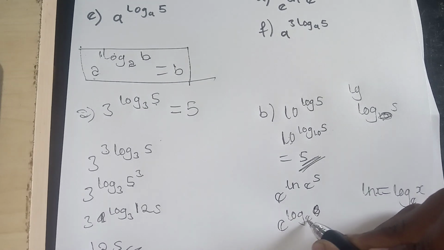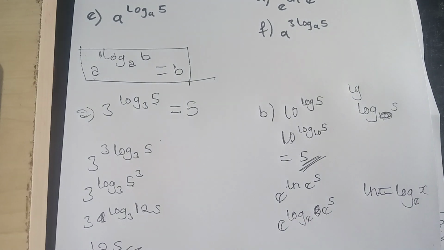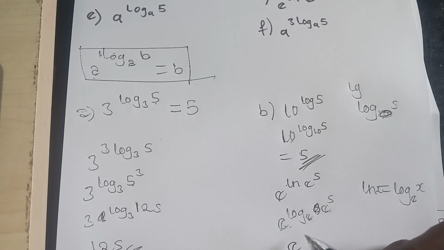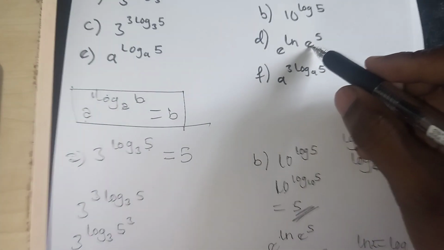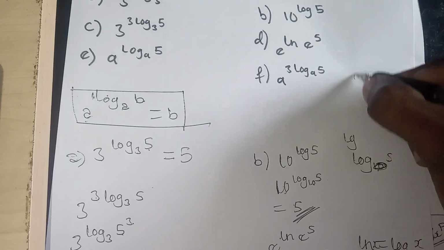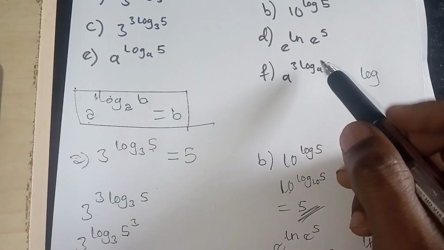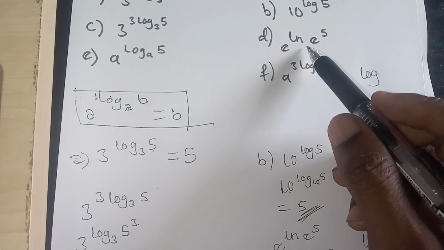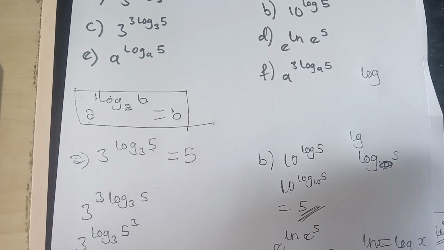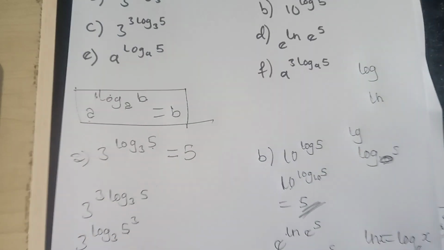Actually, this is log e of e to the power 5. Since the bases are the same, your answer will simply be this part here, e to the power 5, and you're done. Please don't mistake this for this. This is the B part, and the A part has not been written because this is written in ln form.